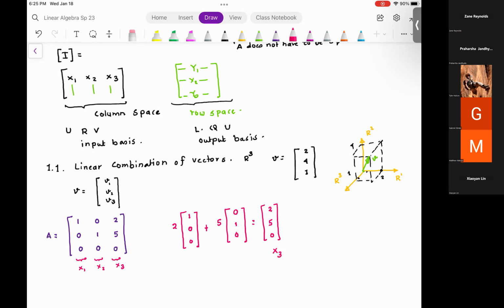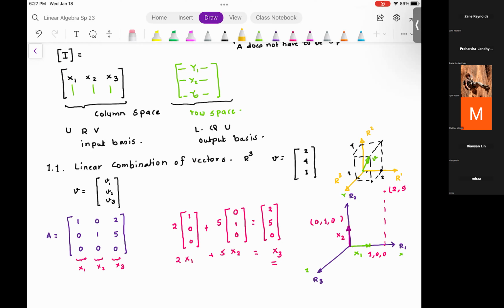My x1 is 1, 0, 0. My x2 is 0, 1, 0. And my last but not least vector is 2, 5, 0. Have you noticed that this final vector is in this plane, which comprises R1 and R2? So this is my vector.